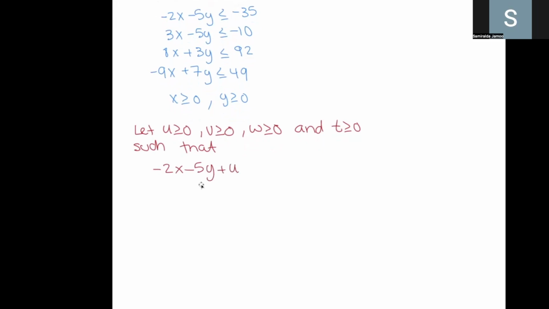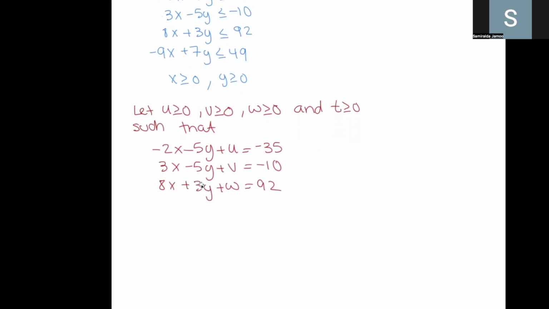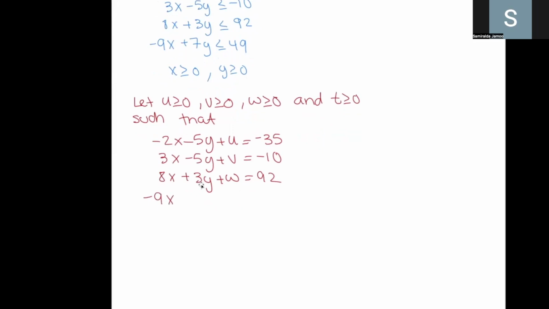So plus u is -35. Here we have 3x minus 5y plus v, -10. We have 8x plus 3y plus w, 92. -9x plus 7y plus t, 49.